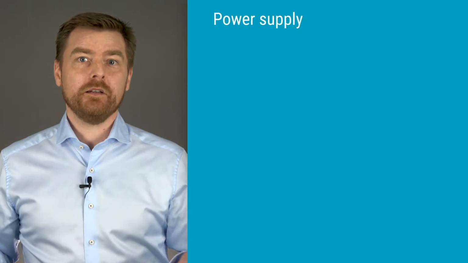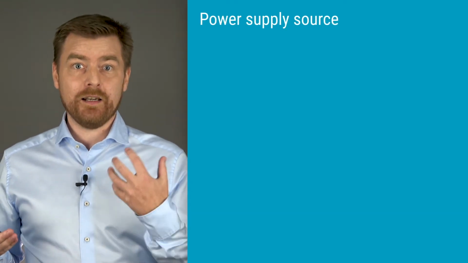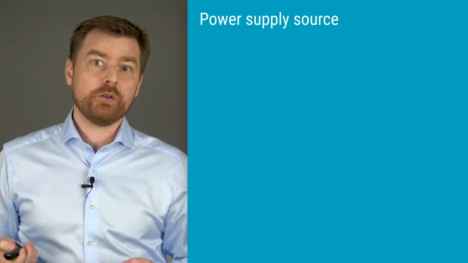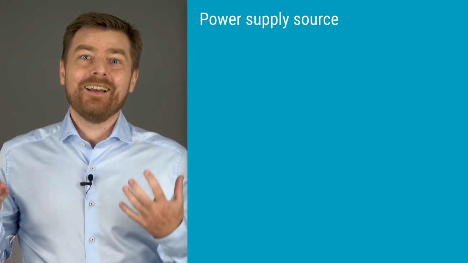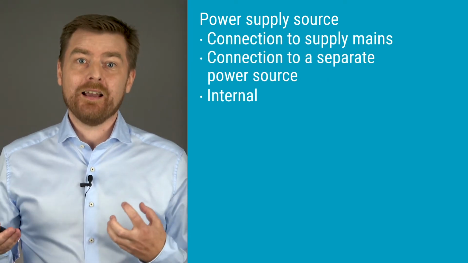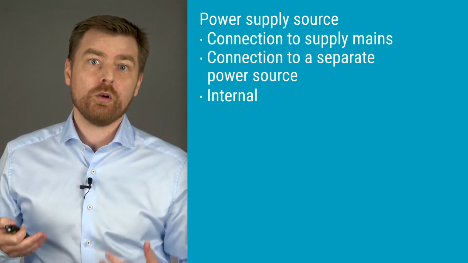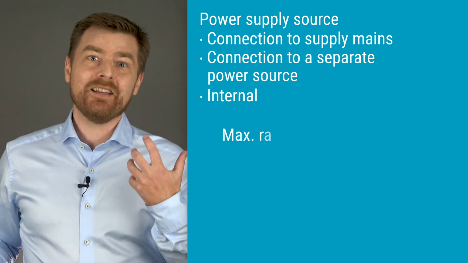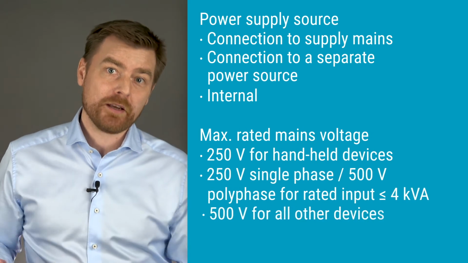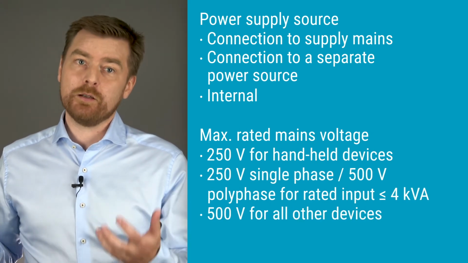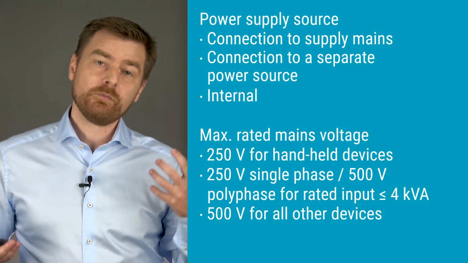As all medical electrical equipment need an electrical supply of power, there are a few general requirements to the power supply. The power supply can be supply mains, a special separate power source, or internal, such as a battery. The standard specifies a maximum rated mains voltage corresponding to the typically available AC mains.